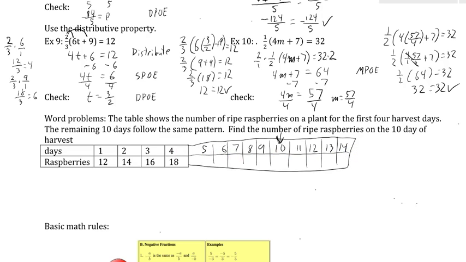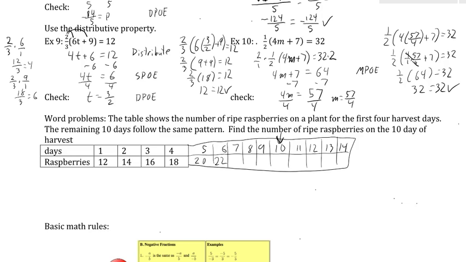Since we have had algebra already, we're going to look at this pattern and not just go, okay, it's obviously adding 2 each time, so that's going to be 20, 22, and count all the way up to 10. Because what if they ask us for the 100th day of the harvest? I wouldn't want to count all the way up there.